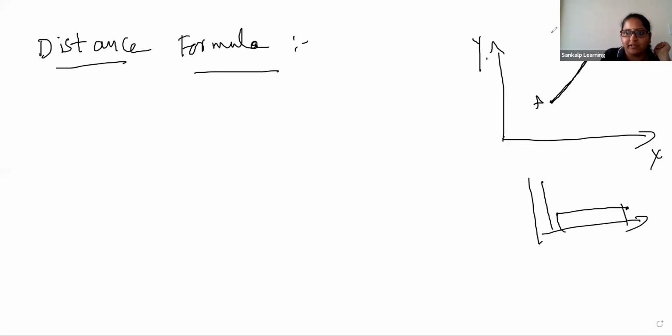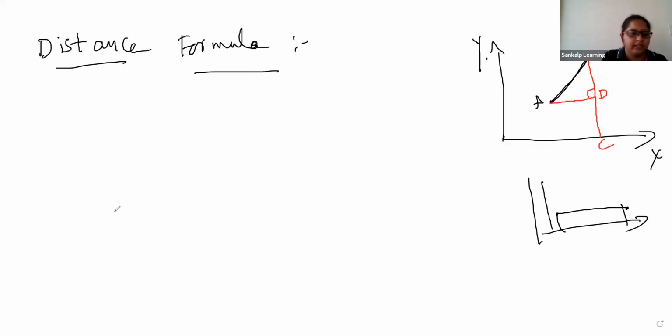Okay. See what I will do now. I will draw a perpendicular here to the x-axis. Okay. And draw a perpendicular to BC. Understood? What did I do? For the given line segment, I have drawn a perpendicular to the x-axis, name it as C, and a perpendicular to BC.